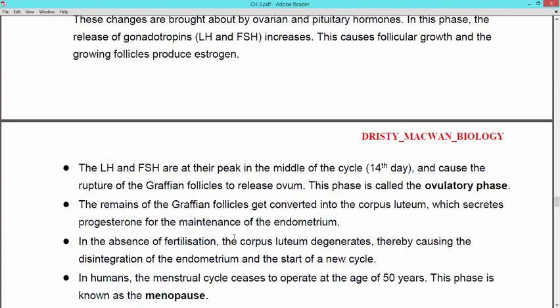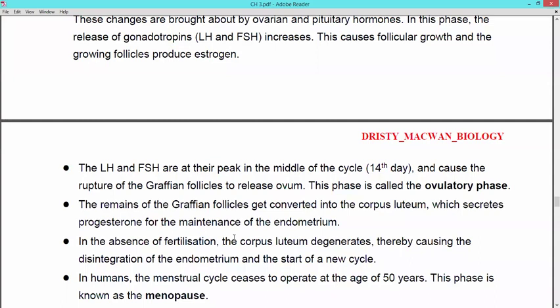Now whatever remains of the Graafian follicles in the ovary gets converted to a specialized structure known as the corpus luteum. The function of this corpus luteum is to secrete progesterone, and this progesterone is responsible for maintaining the endometrium. So the building is already carried out once the menstruation is completed.